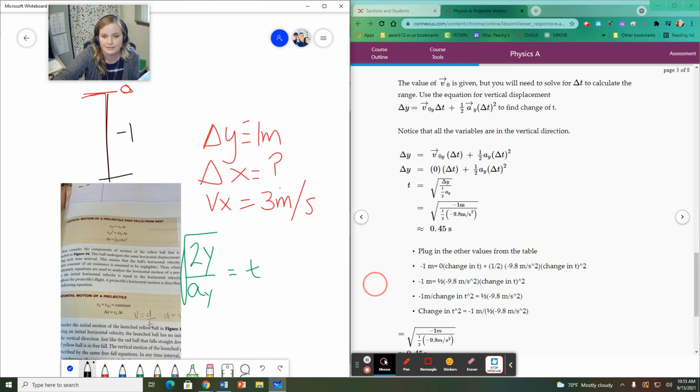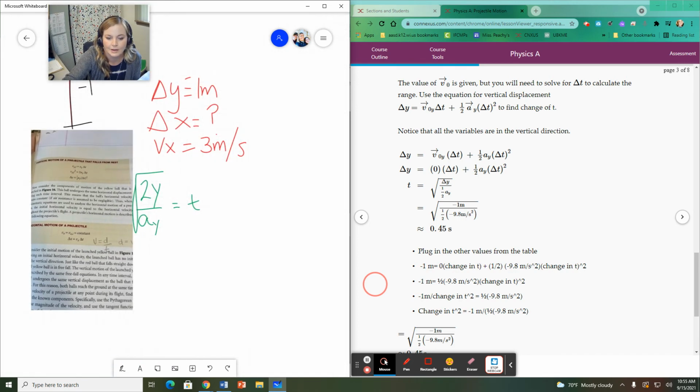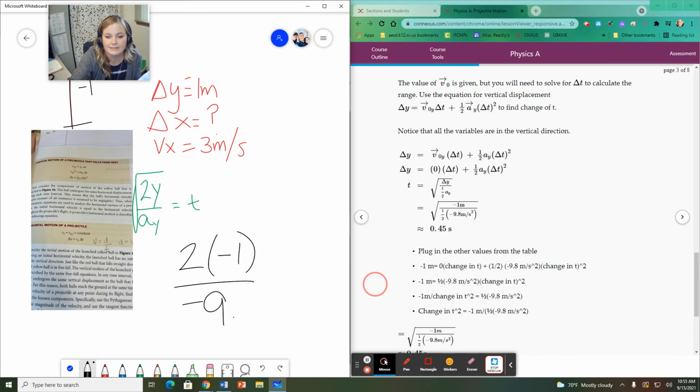Let's just go ahead and do this here. So we have 2 times negative 1, divided by negative 9.8, and then we're taking the square root.